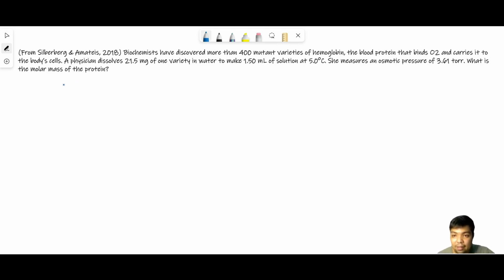So before anything else, we need to write our givens so that we can determine which figures in the problem are needed to solve the problem and get you to the correct answer.